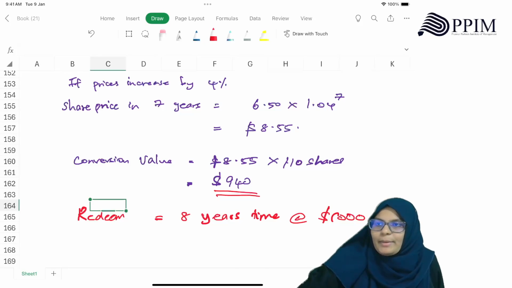So now tell me, am I going to convert or am I going to redeem? I have loan notes and two options. If I convert, the value I will get per loan note is 940. If I redeem, in 8 years time, I can get $1,000.